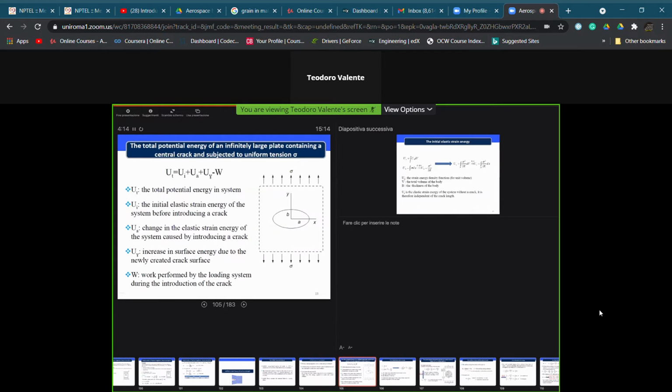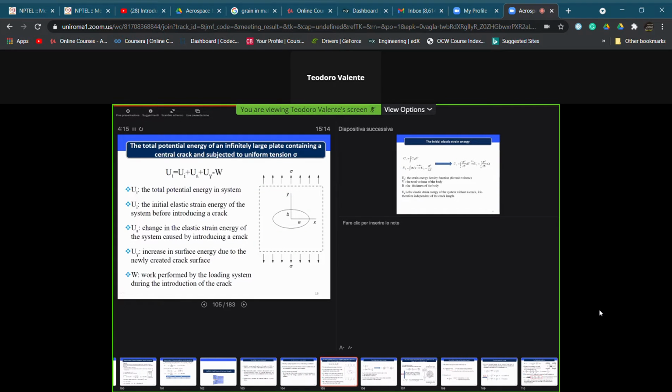Thus, we can translate this concept into some very simple formulas, having in mind, for example, the case of a large plate having a central crack and subjected, as in mode 1 for stress-based linear elastic fracture mechanics, to a uniform tensile stress sigma. And we can define some energy quantities.